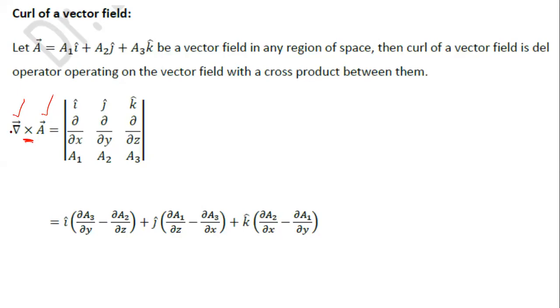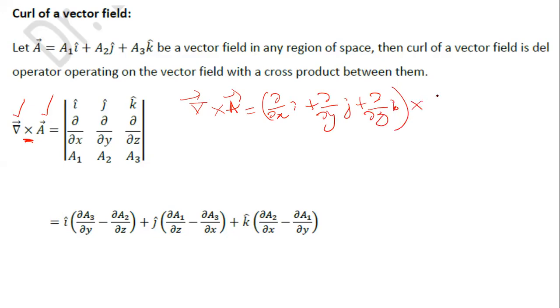So when you have a del operator, it's a kind of cross product between two vectors. You have del upon del x i, del upon del y j, plus del upon del z k cap, cross product with a1 i plus a2 j plus a3 k.